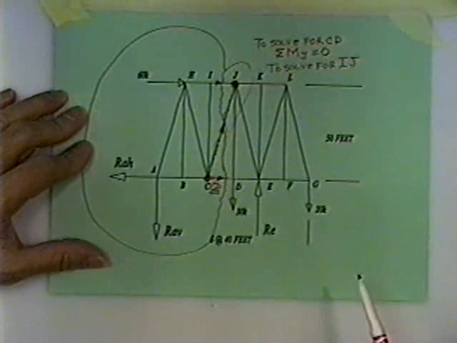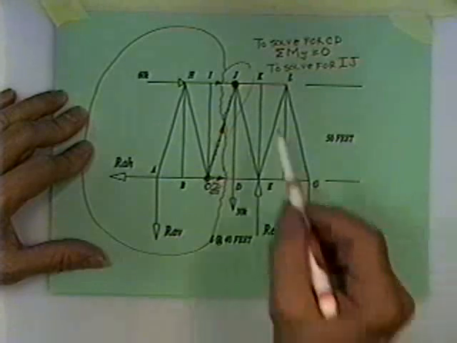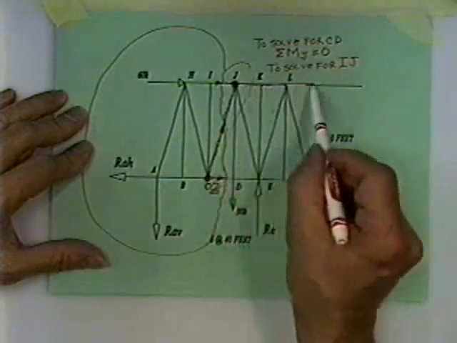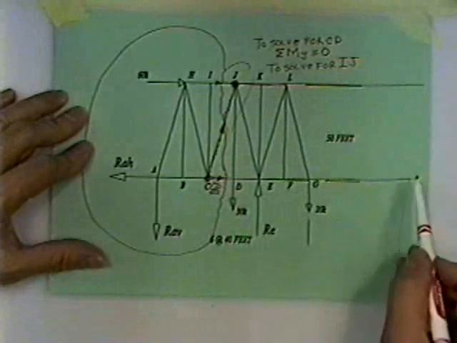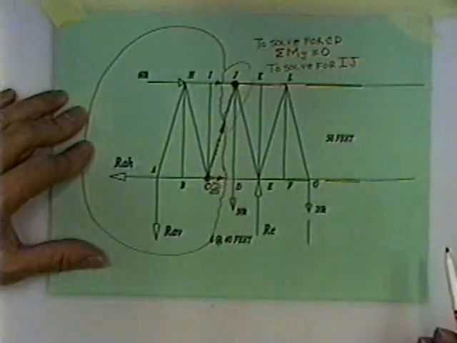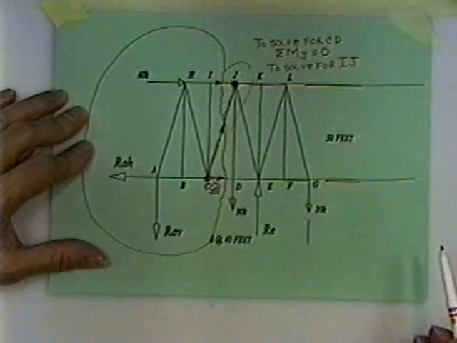How would I solve for the force in CJ? If you like CJ, who do you hate? IJ and CD. Let's simply follow them until they meet at a point. Uh-oh. We've got a problem now, don't we?